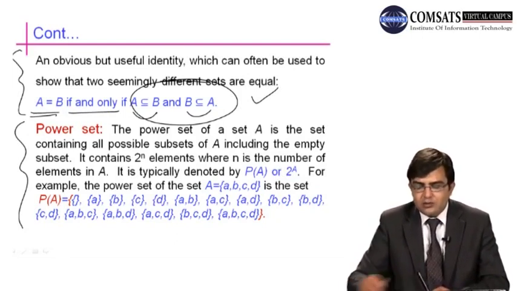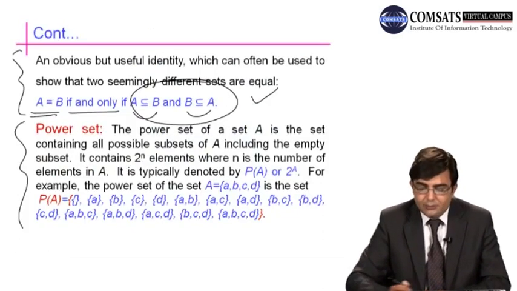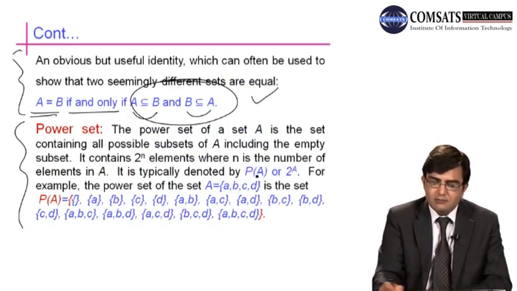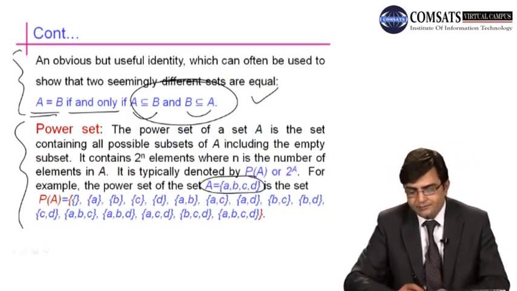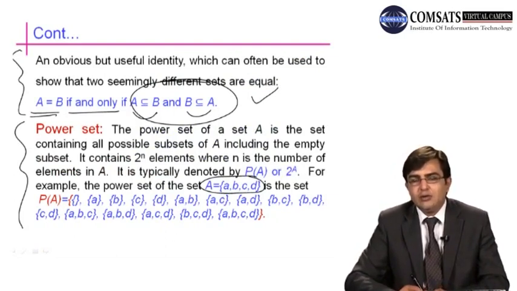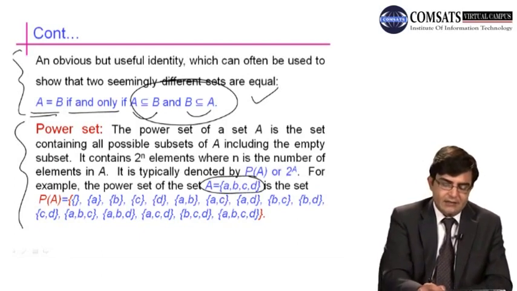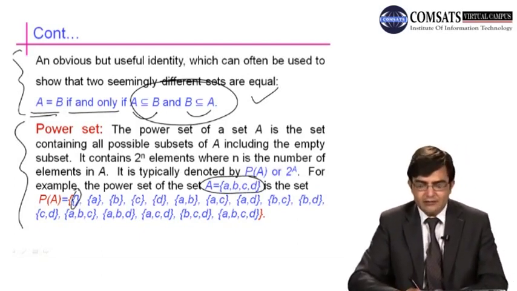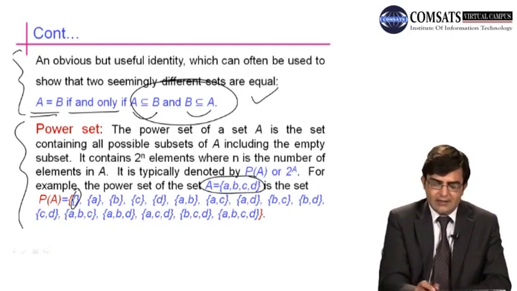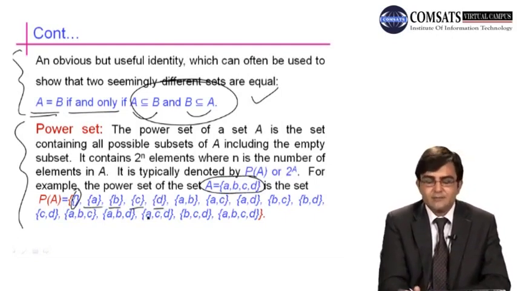So if we want to write the power set of the set A, B, C, D, it contains all possible subsets of A. First of all, we write the empty set, then each element of that set one at a time, the singleton sets.